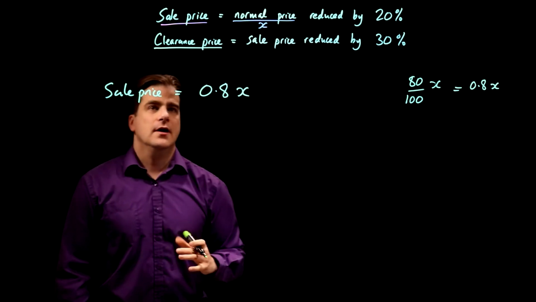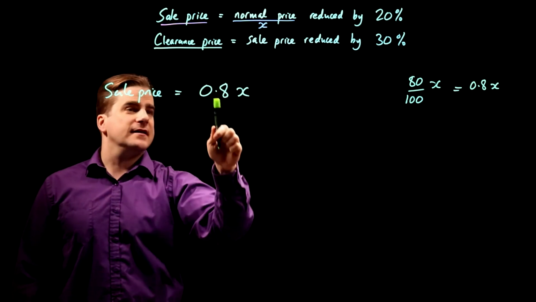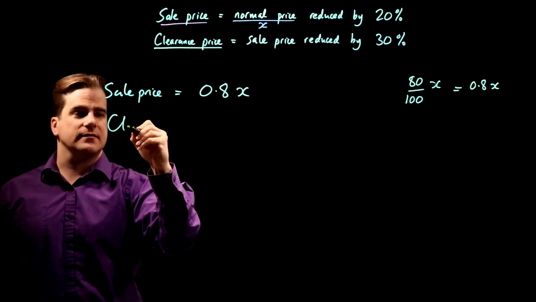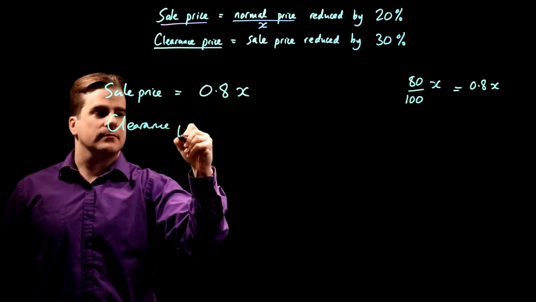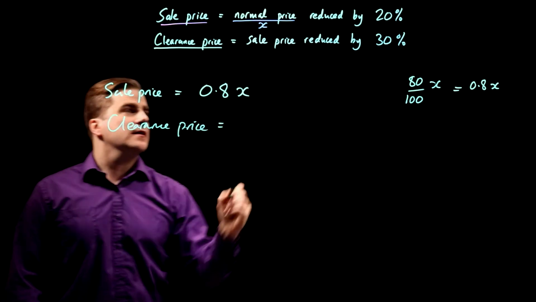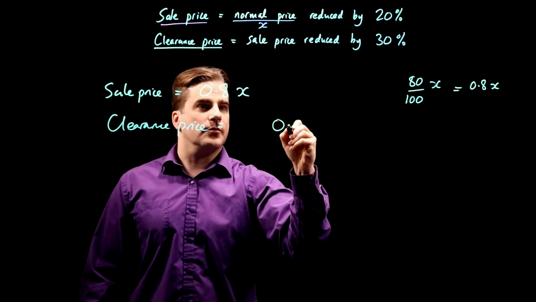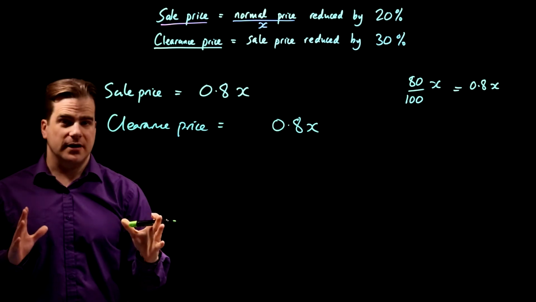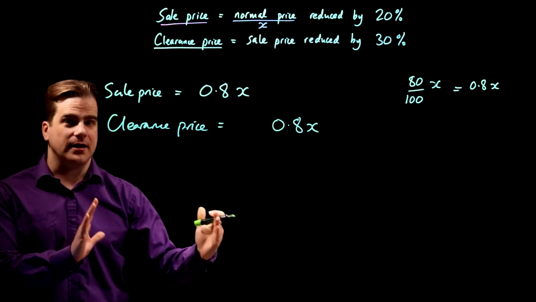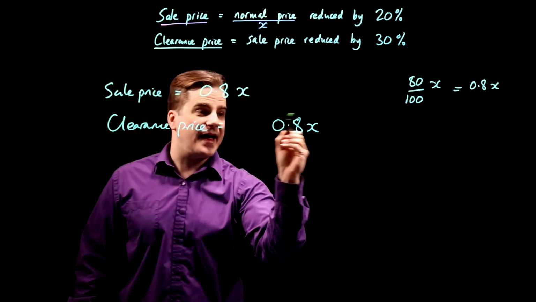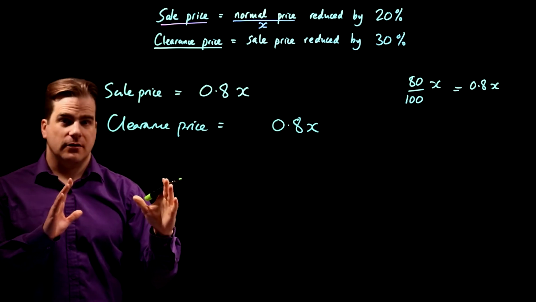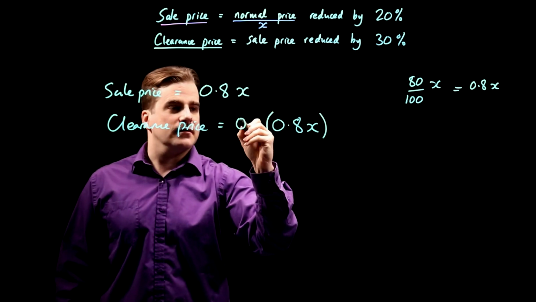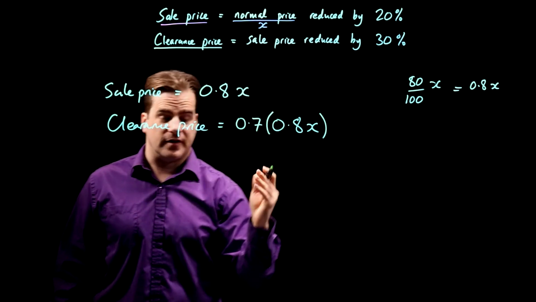Good. Now the clearance price is the sale price, reduced by 30%. So the clearance price is the sale price, 0.8x, reduced by 30%. In other words, we're keeping 70% of it. So to reduce that by 30%, we have to multiply it by 0.7 or 70%.